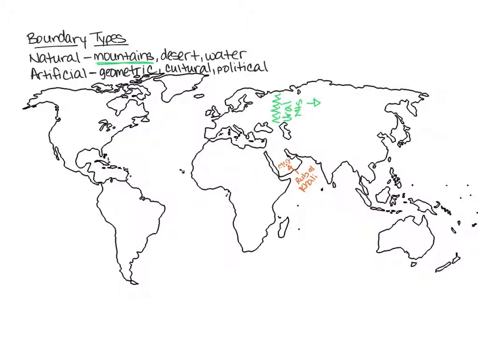So that's a desert border. That separates the country of Saudi Arabia and everything else on the peninsula. So you could say Saudi Arabia, Yemen. You could say Saudi Arabia, Oman. Whichever one you want to put. I'm going to put Oman because it's shorter.